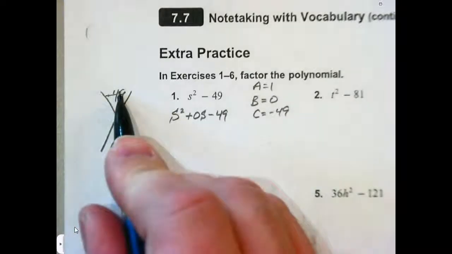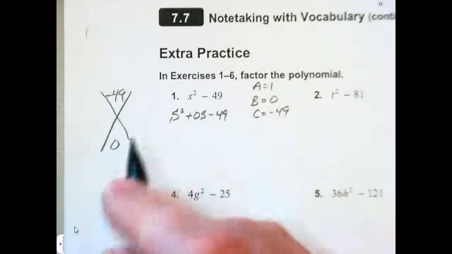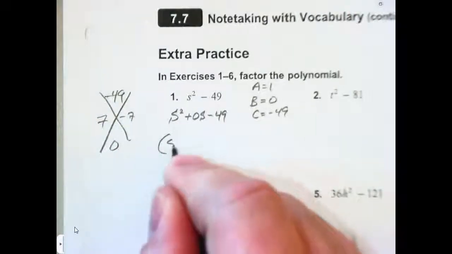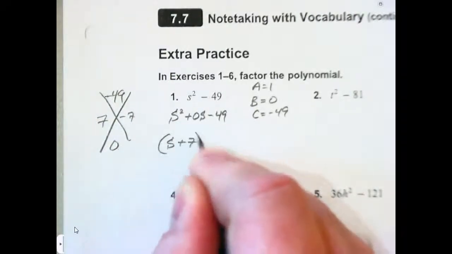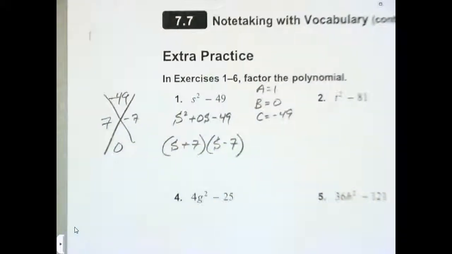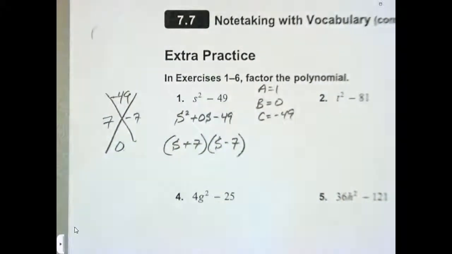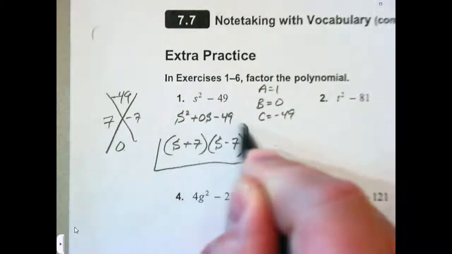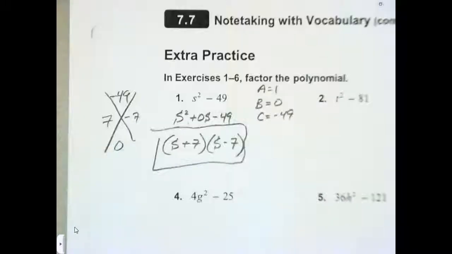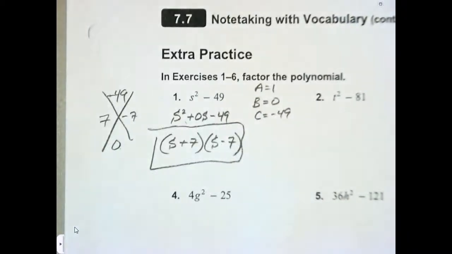Two things to multiply to make negative 49 and add to 0: 7 and negative 7. So this becomes s plus 7 and s minus 7. That's it. You factored it. We didn't have to divide by a because a is 1, and when we divide by 1, we get the same thing.